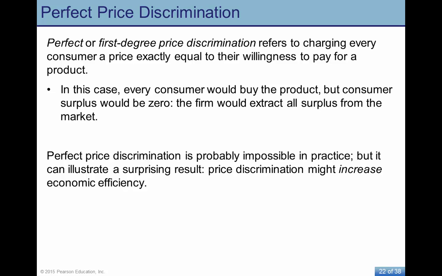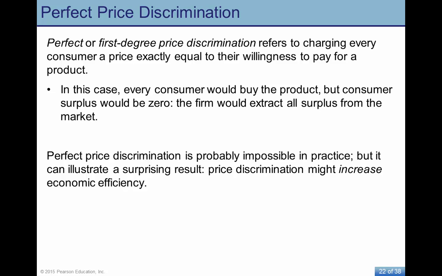Perfect price discrimination. Perfect, or first-degree, price discrimination refers to charging every consumer a price exactly equal to their willingness to pay for a product. In this case, every consumer would buy the product, but consumer surplus would be zero.